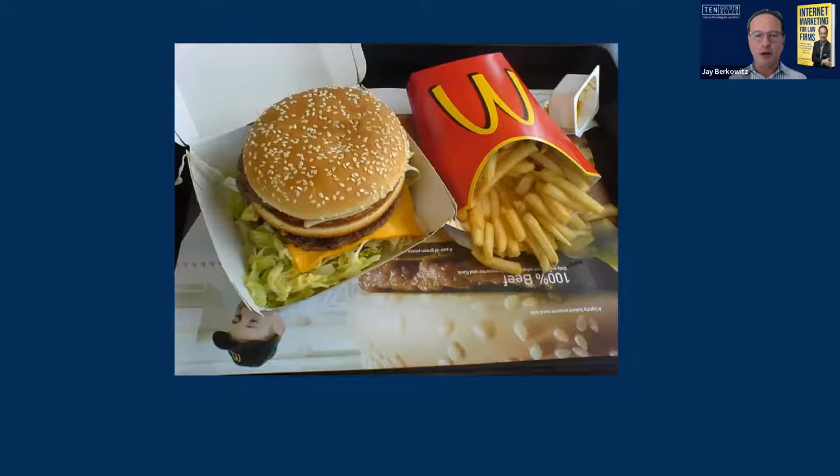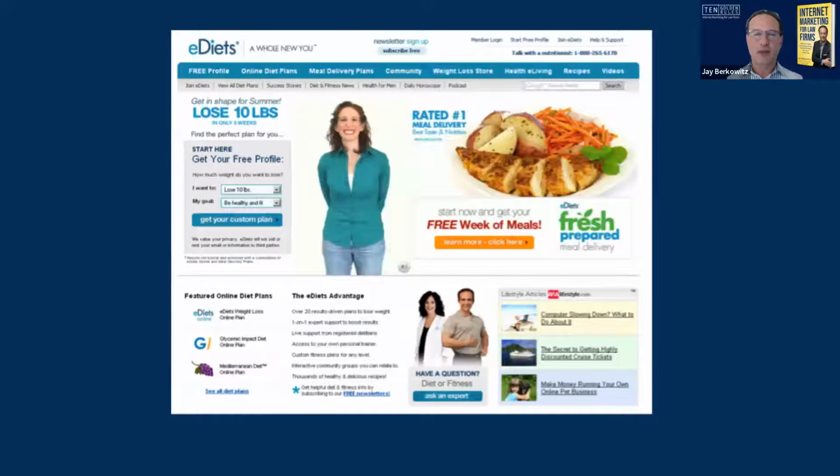And at McDonald's, we sold some of the most delicious, fantastically tasty, high-fat foods in the world. And I went directly from selling this delicious stuff to eDiets. And eDiets was a startup diet company. And we were able to grow this startup to $60 million back in 2002 and 2003. So at that time, I had a unique opportunity.